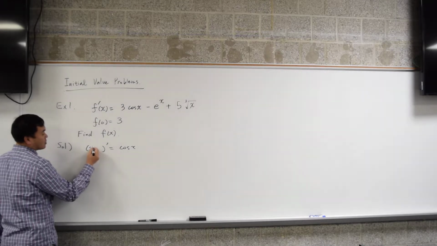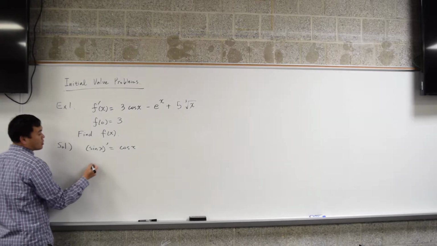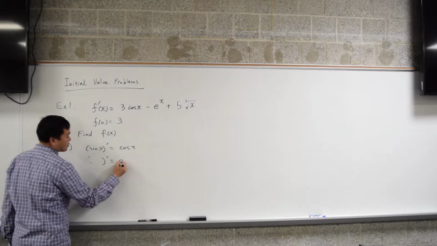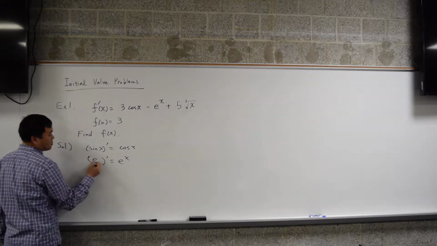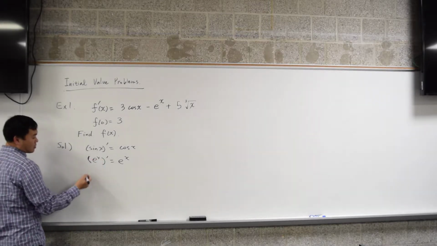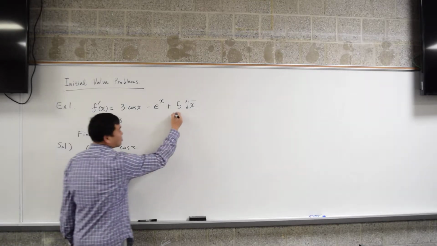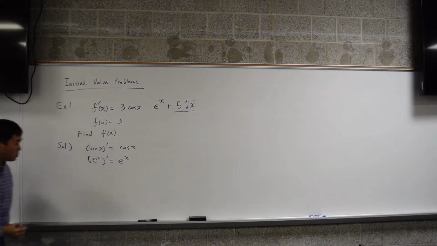Positive sine differentiates to cosine. And what differentiates to e to the x? E to the x differentiates to e to the x. And what differentiates to cube root of x? For this one, it's easier to use the power rule.